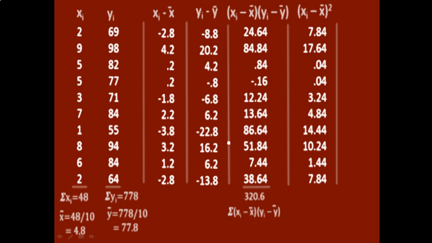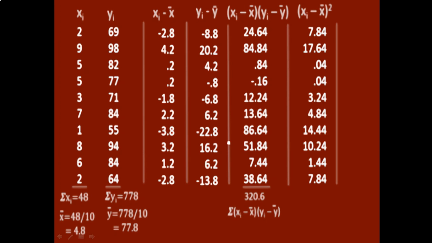And to find y hat, we will follow this table. The first and second columns are given, and we will make the other columns. Please write it in your notes. xi minus x bar, yi minus y bar, we multiply these two columns by each other, and finally we find xi minus x bar squared.